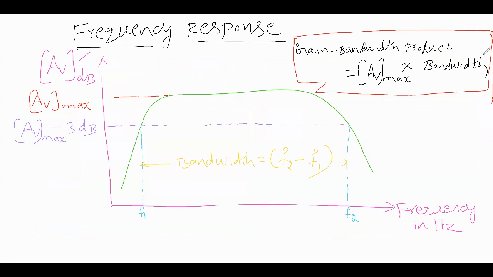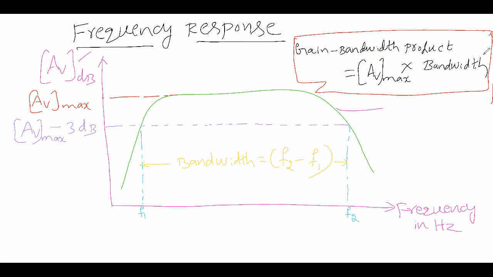After plotting all the values, you come to know the maximum voltage gain in decibels. Then you take 3 dB down from the maximum gain and draw a horizontal line. After joining all the points, you will get this response.